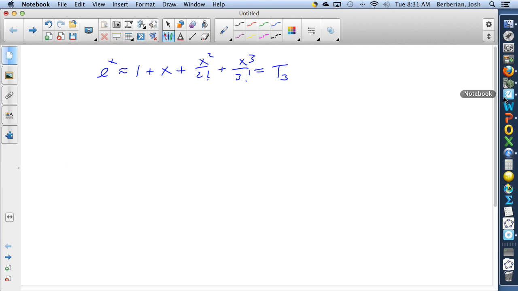All right, so back here, how good is it, right? Well, there's something called a Taylor remainder. It's also sometimes called a Lagrange error. And here's what it says, no proof.